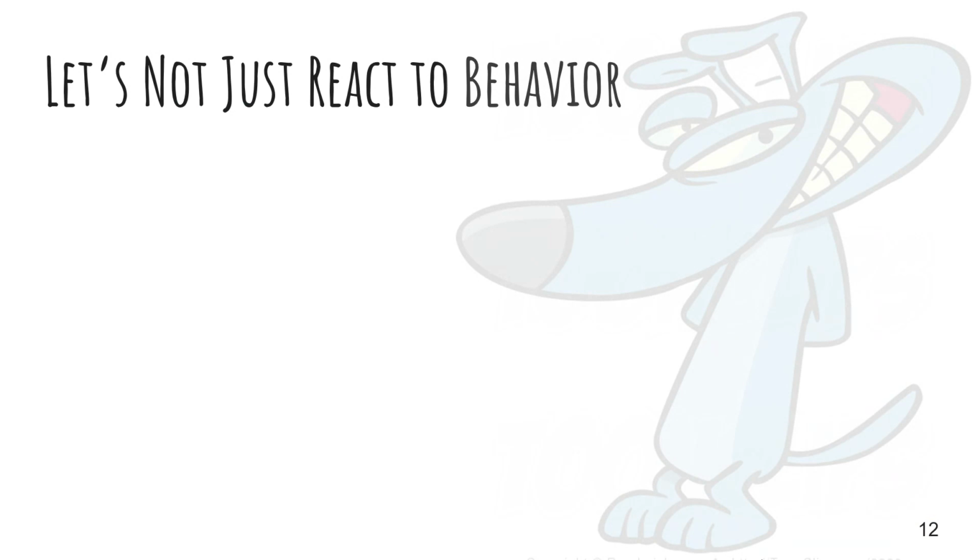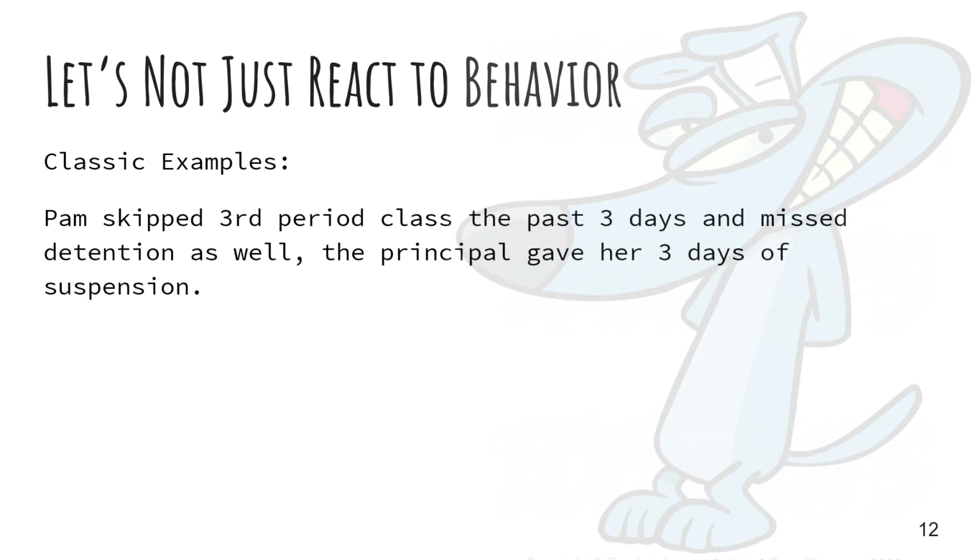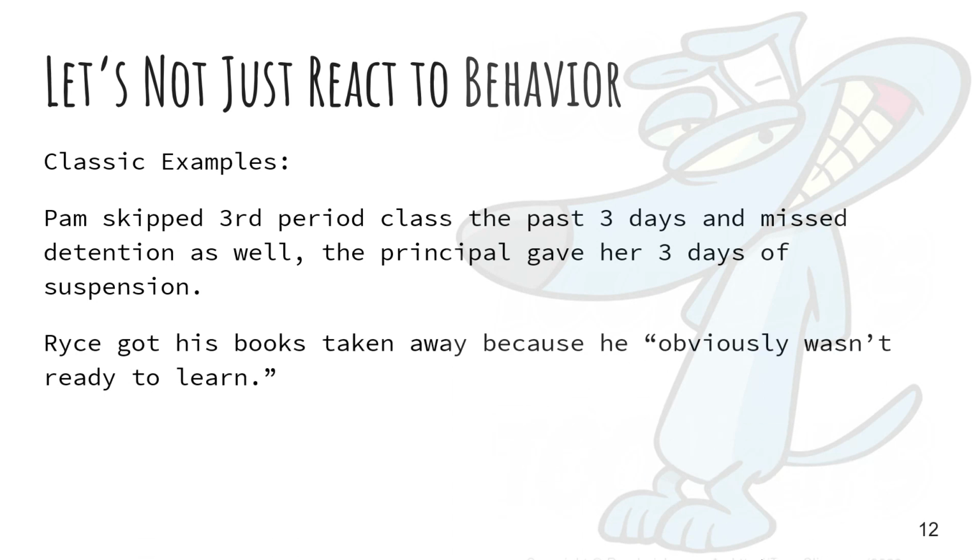Our goal is to not just react to a problem behavior. Now, some classic examples include Pam skipped third period class the past 3 days and missed detention as well. So the principal gave her 3 days of suspension. Now, we don't like that Pam is missing class and missing detention, but giving her extra days off might just be making that problem worse.